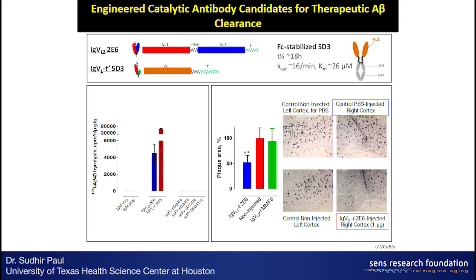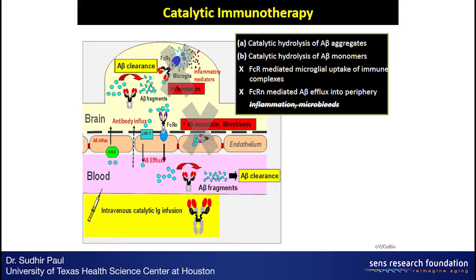And we do not see cleavage of irrelevant proteins by these molecules. So these are sufficiently specific, we think, for therapy purposes. So the idea then is to increase the potency of the antibodies by isolating catalytic antibodies. They can be injected in the blood, much as the example of reversibly binding antibodies that I showed previously.